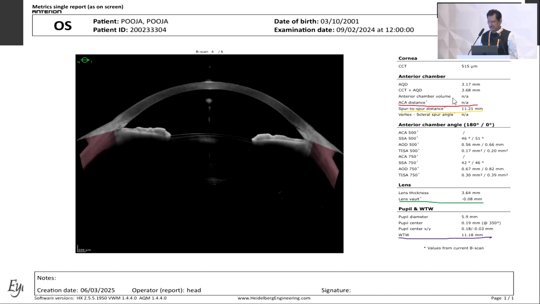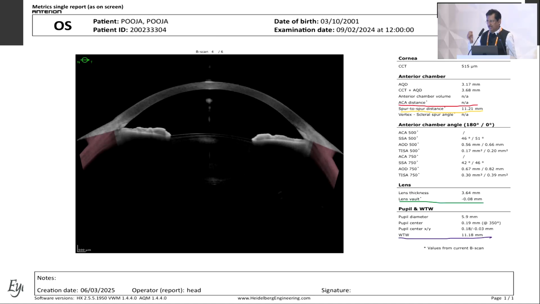Another option says that in this capturing, I could capture spur to spur. Spur to spur comes out very easily in all AIOS, but it is not a must that angle to angle comes out in all. Angle to angle capturing is sometimes missed in almost 30% of the capturing.